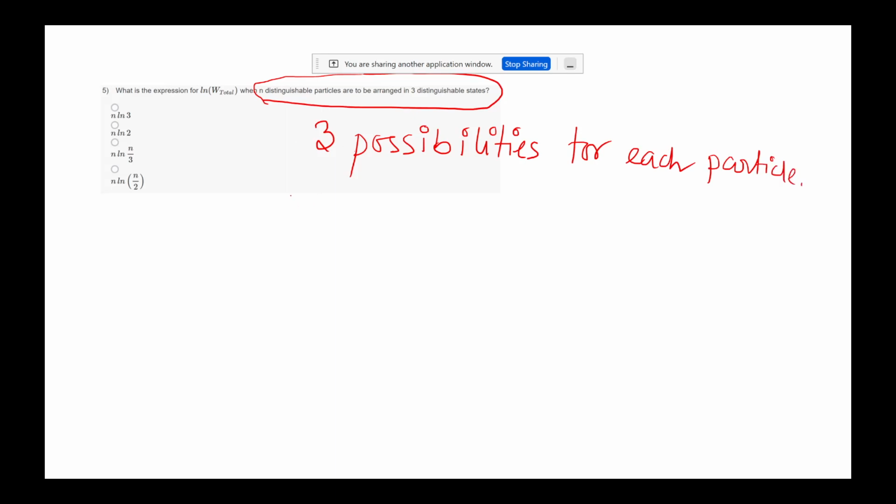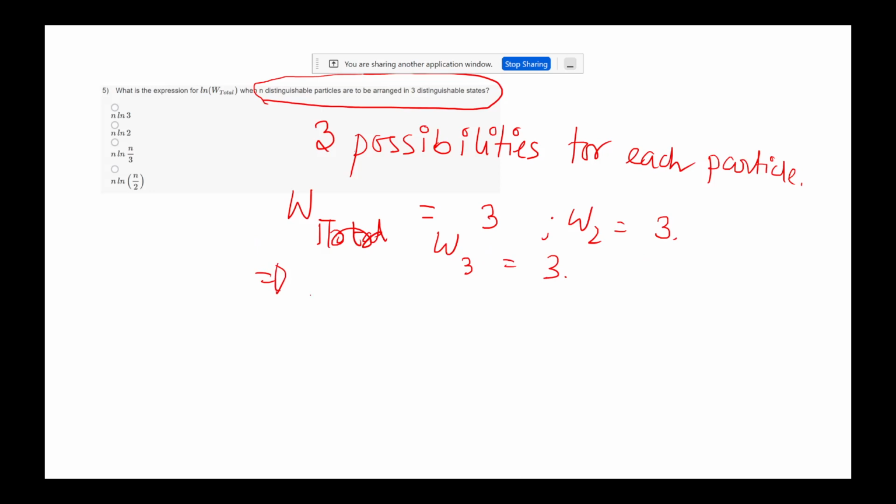So W total for one particle will be 3. The W1 for one particle will be 3. For the second particle it will be 3, for the third particle it will be 3.